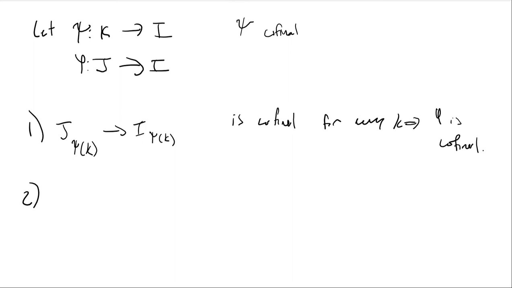And if K is filtrant, and J_psi(k) is also filtrant for every k, then J is filtrant.